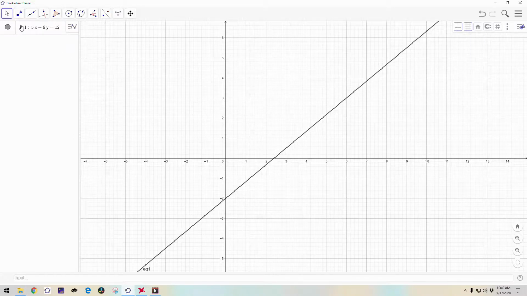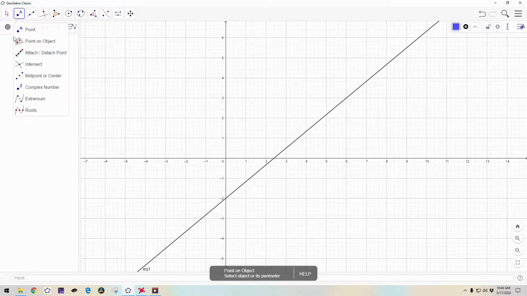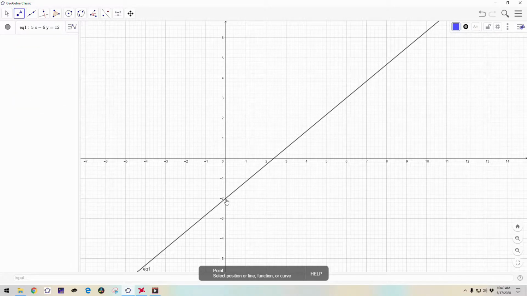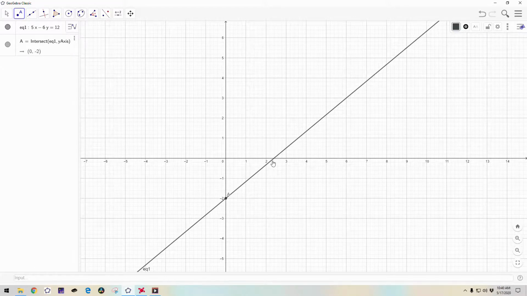And notice the intercepts here. -2 as we calculated, and 2.4 as we calculated. And then also notice the slope, right? If I were to count up 1, 2, 3, 4, 5, and then 1, 2, 3, 4, 5, 6, run, and I get my other point that we graphed.